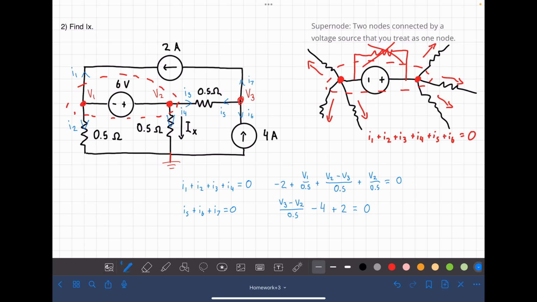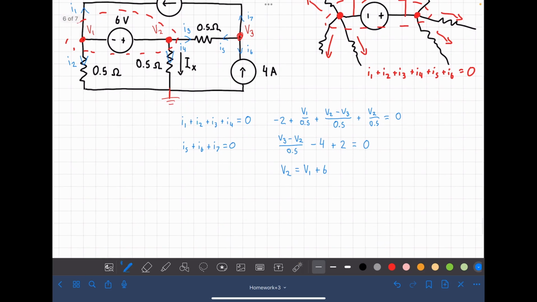So we know that V2 is equal to V1 plus 6. So you're starting at V1 and you're raising the voltage 6 volts to get to V2. So V2 is equal to V1 plus 6.